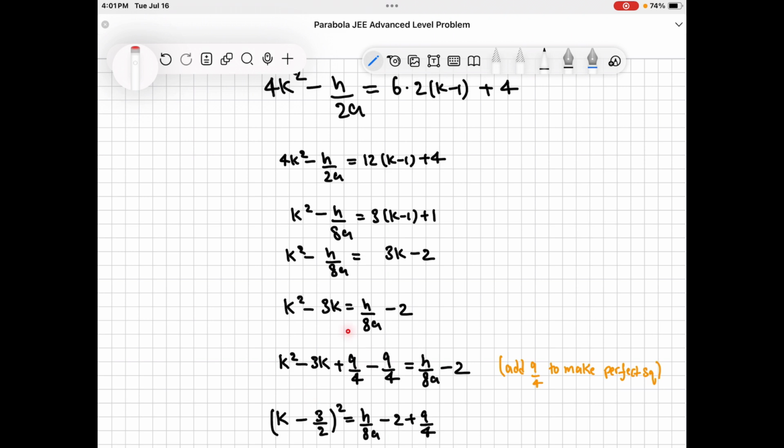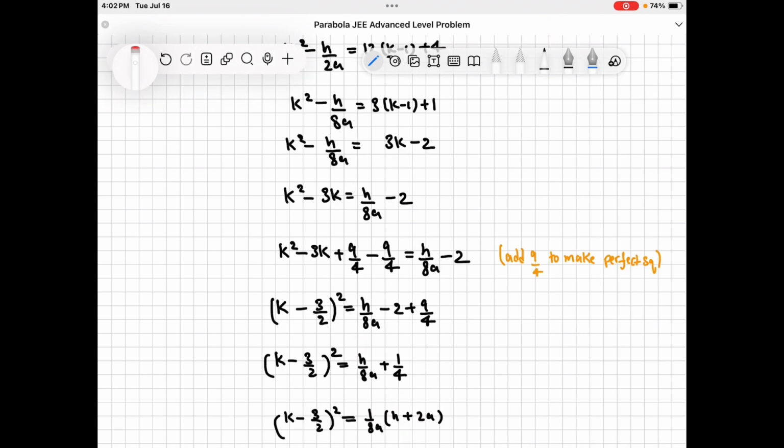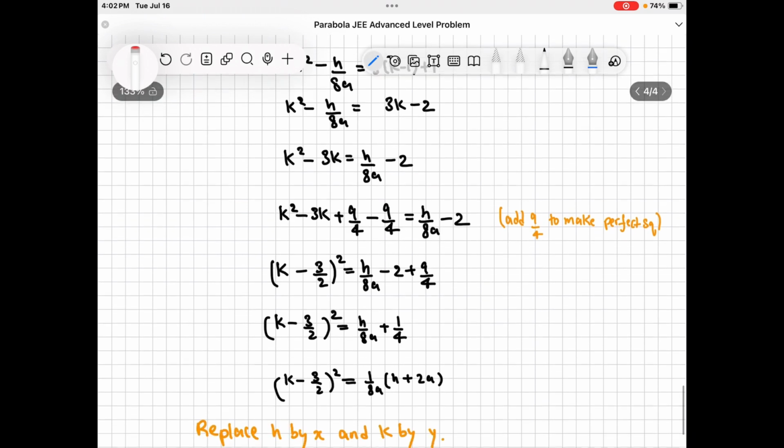Now this becomes a quadratic equation, and we can write this. The minus 9 over 4 goes over here, and after some calculation this turns out to be h over 8a plus 1 over 4. Taking 8a common, this turns out to be h plus 2a inside the bracket.